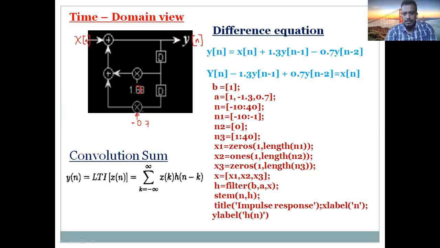As you know, there are three basic elements when you draw the signal flow diagram of a discrete time system. You need a delay element, which delays the signal by a single unit. Here is the multiplier. Here is the adder.